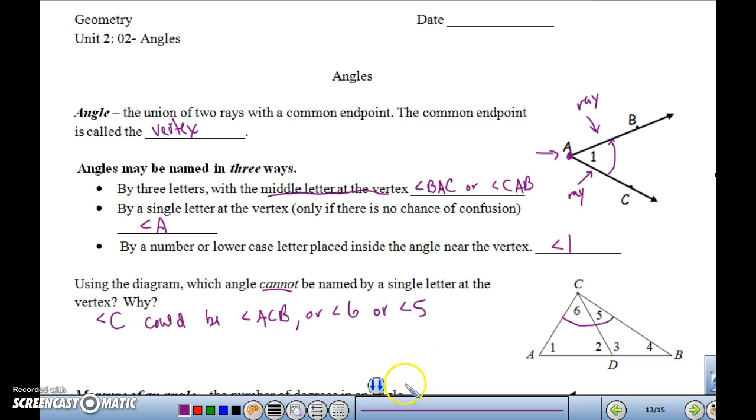We're not sure, so we can't say for sure what angle is angle C without knowing some more information. So if you have any ambiguity there, you're not sure which one it is, use the three letters. This one we would definitely have to say would be angle ACB so that we know specifically which one we're talking about if we're talking about angle C. So don't use the vertex one unless you know for sure that's the only one that there is.